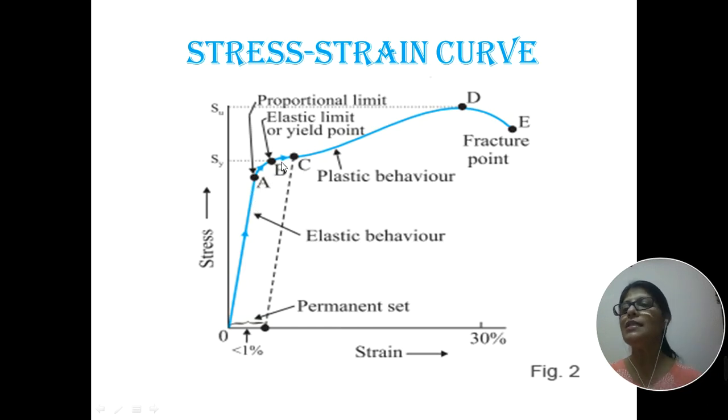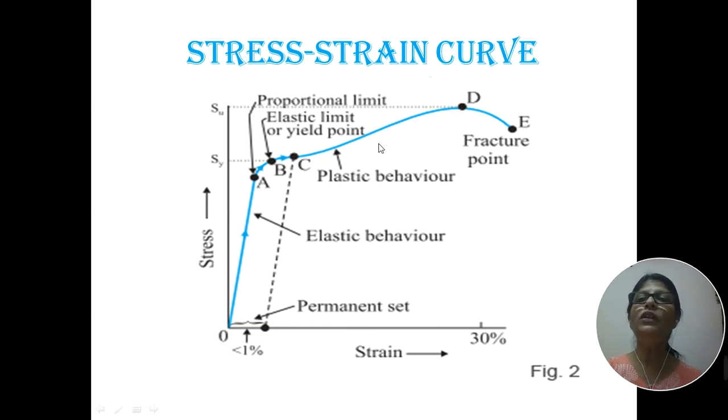Now beyond this elastic limit, the curved part of the graph represents uniform plastic deformation up to this D point, which represents ultimate tensile strength. So ultimate tensile strength is the point up to which the material undergoes plastic deformation without necking or fracture. Again, I'll repeat, it is the point up to which the material undergoes plastic deformation without necking or without fracture.